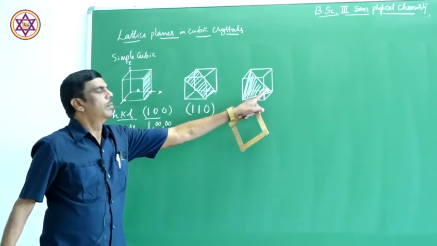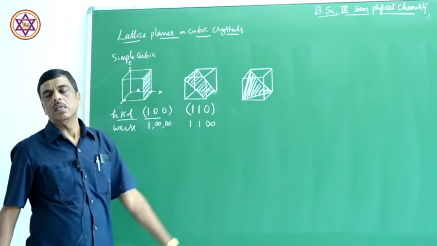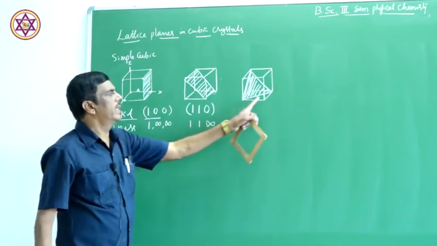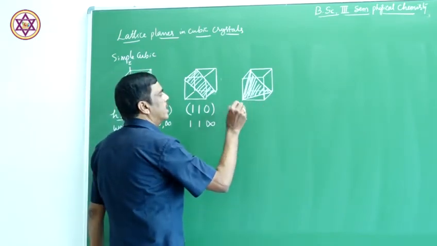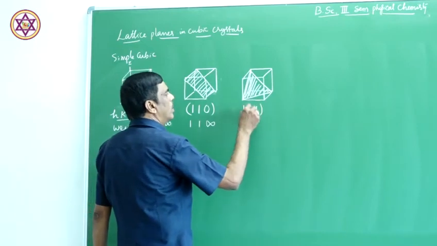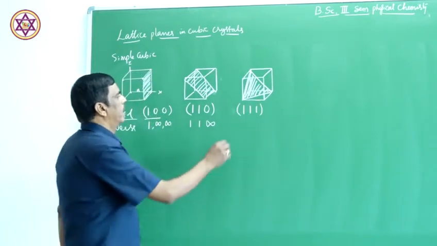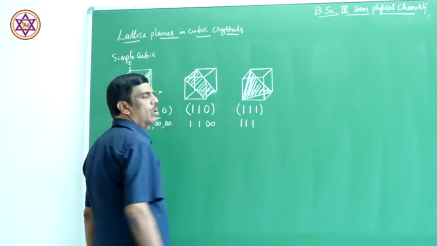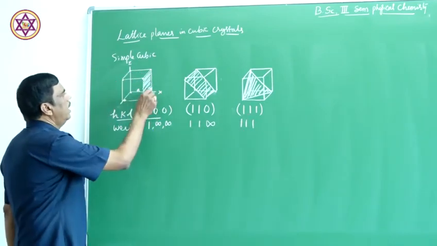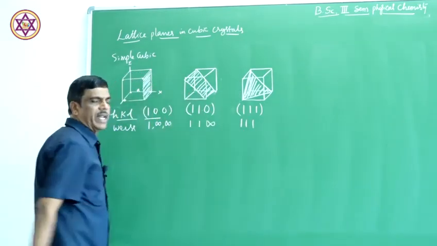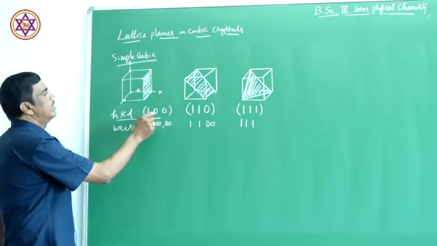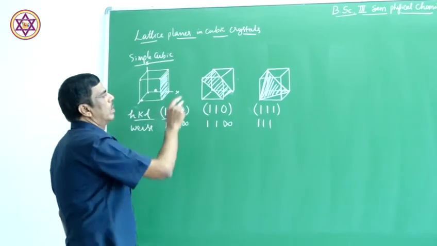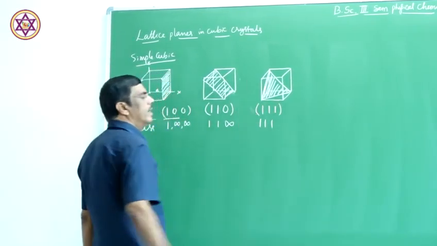This intersects all the axes at unit intercept in all the directions. Therefore, Miller indices for this are 1, 1, 1, and Weiss indices are also 1, 1, 1. So, there are 3 planes in different directions for a simple cubic lattice: the 1, 0, 0 plane, the 1, 1, 0 plane and the 1, 1, 1 plane.